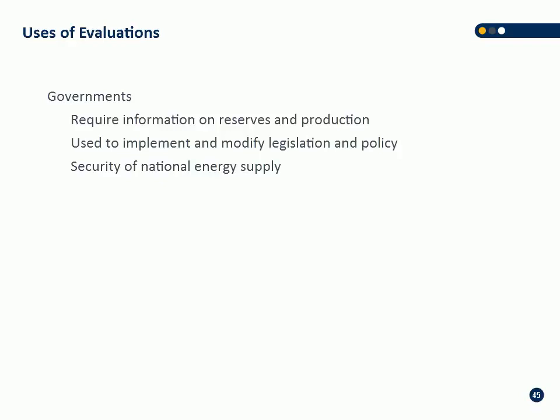You can see between the three or four different types of users, between producers, banks, and governments, they have very different intentions, which is the challenge of using something like NI 51-101 or an SEC public disclosure document for government purposes, because your ultimate intent as a government is quite different from what bankers and investors are trying to understand about the oil and gas industry.